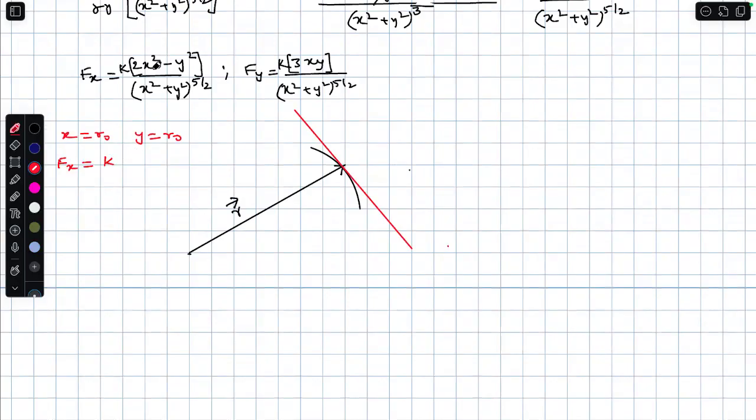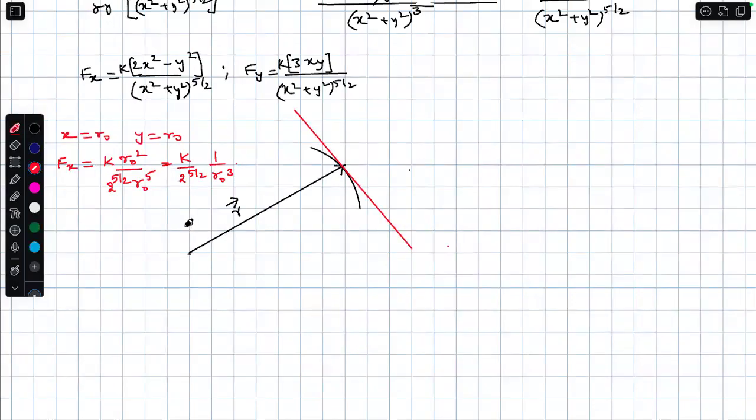k times 2r naught square minus r naught square, r naught square in the numerator. What about denominator? 2r naught square to the power of 5 by 2, that is 2 to the power of 5 by 2 times r naught to the power of 5. Now what comes? fx is k by 2 to the power of 5 by 2 times 1 by r naught cube.